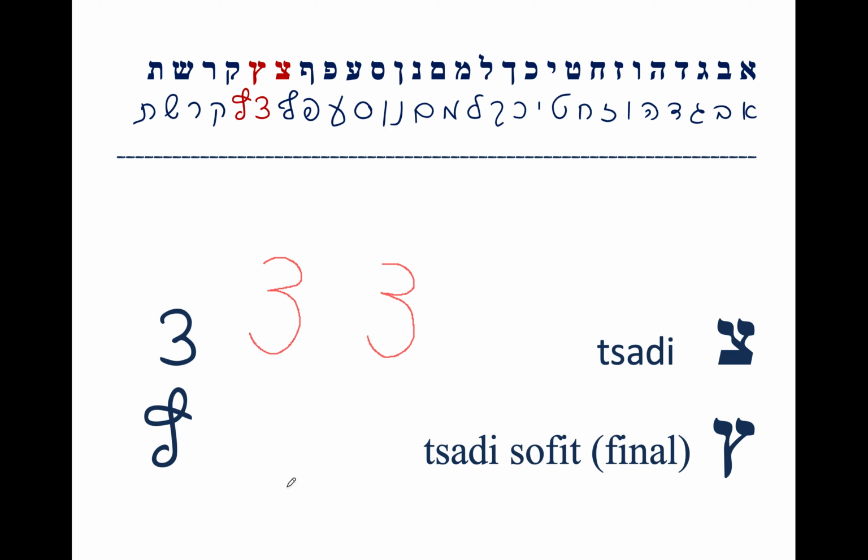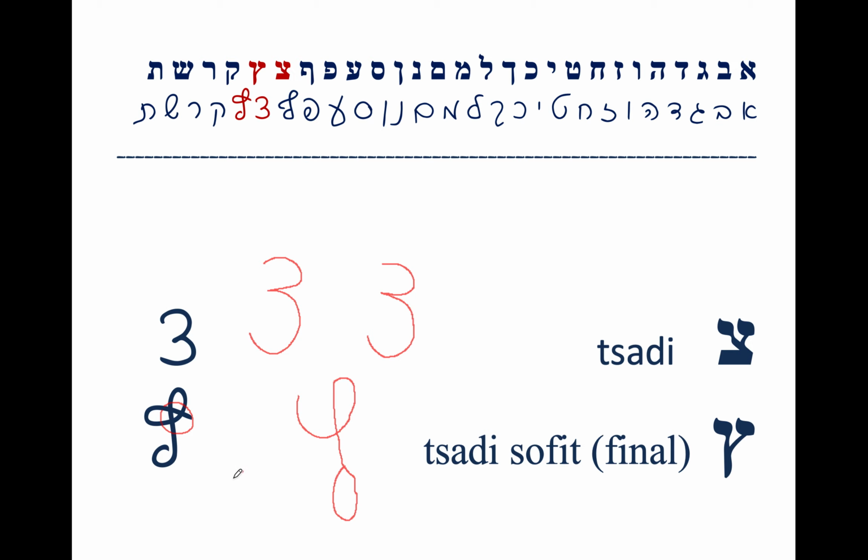Okay, tzadi sofit, final tzadi, and really easy. All you do, again with the lamed, the oval, you go up, and then instead of going down like the fe sofit, you go up like this.